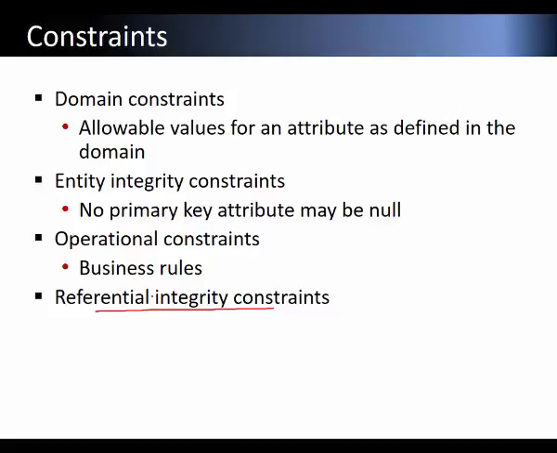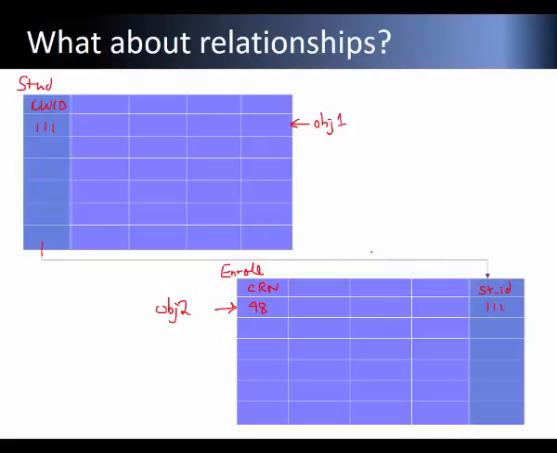A simple example of referential integrity is this. Back to our original. What kind of constraints exist? Let's say we have another object. CRN number is 99, and students 1, 2, 3 are enrolled in it. The constraint, by looking at this table, is that this student ID should exist in the student table prior to that enrollment.